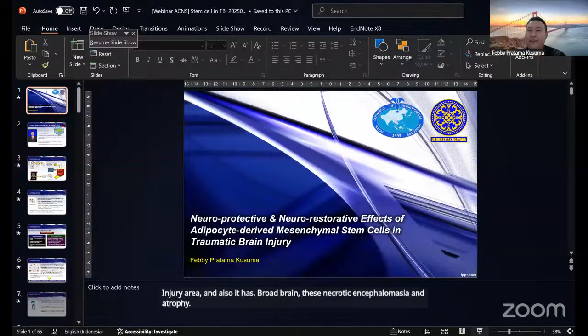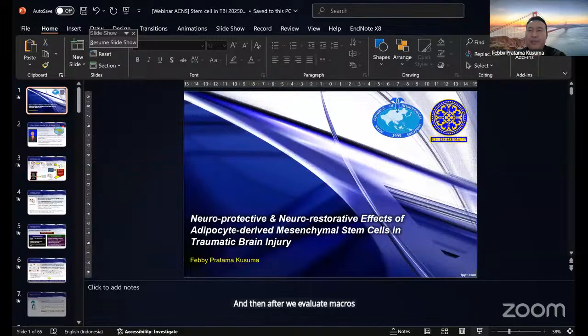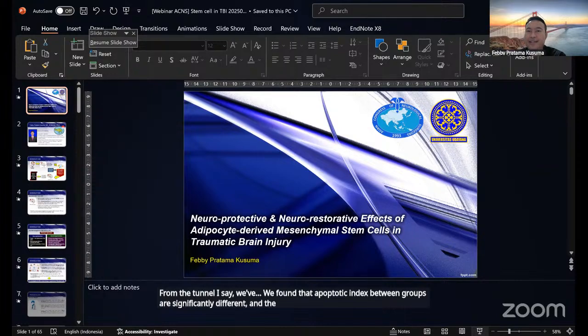And then after we evaluated macroscopically, we would like to know microscopically. The first thing is the brain apoptosis index. From the TUNEL assay, we found that the apoptotic index between groups is significantly different, and the therapy group has a smaller apoptosis index compared to the control group on both day 7 and day 14 post-injury.